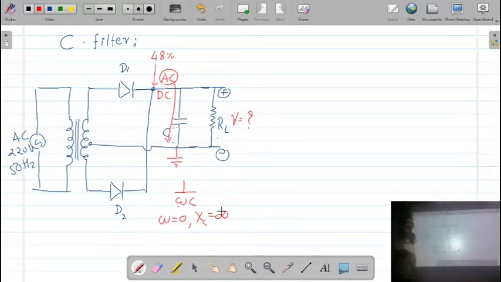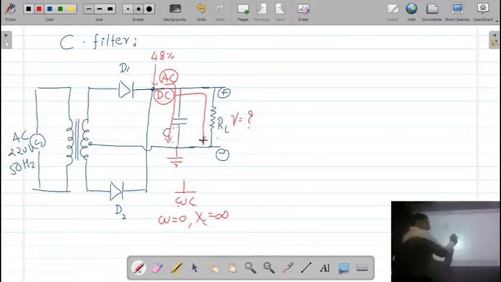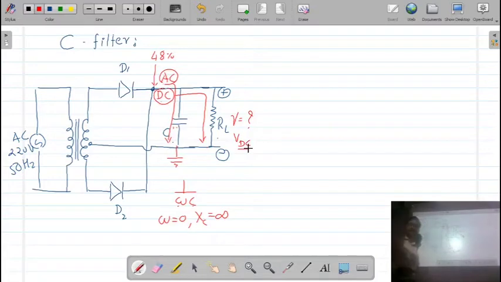It means the capacitor will behave like an open circuit for the DC current, and as a result, this DC current cannot pass through the capacitor and it has to pass through the load resistance RL. So across the load resistance RL, we have the DC current, and therefore you will get a DC output voltage.